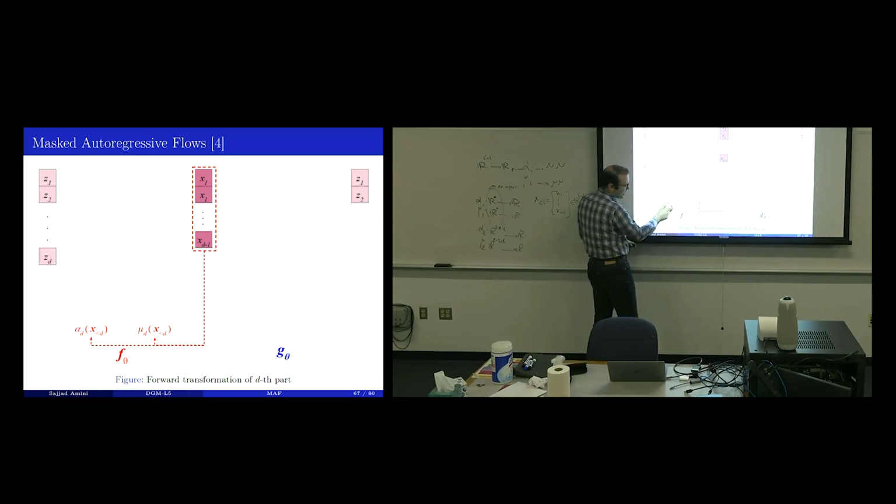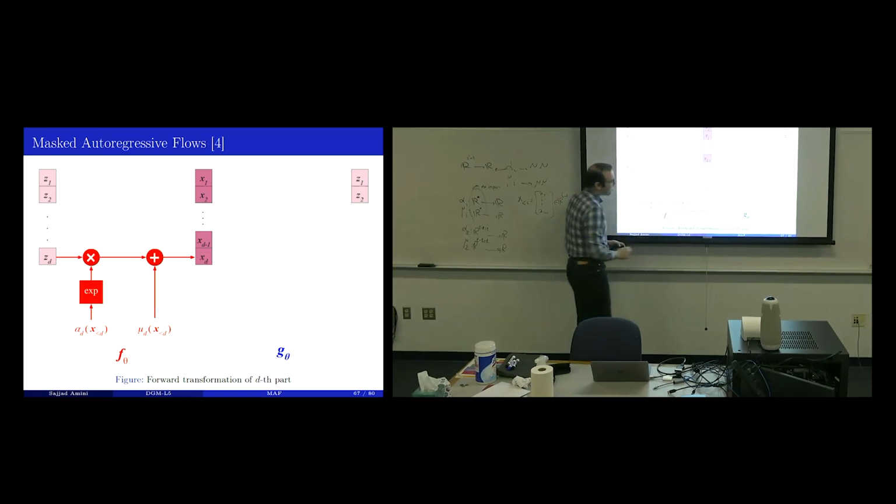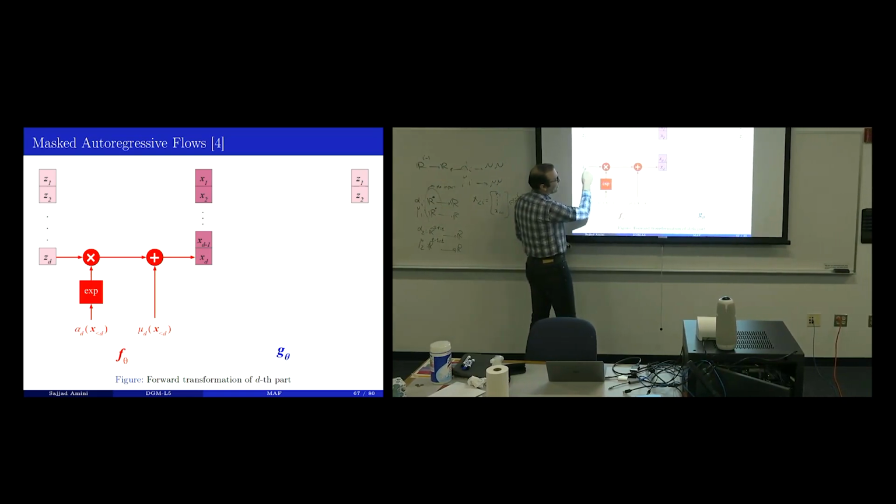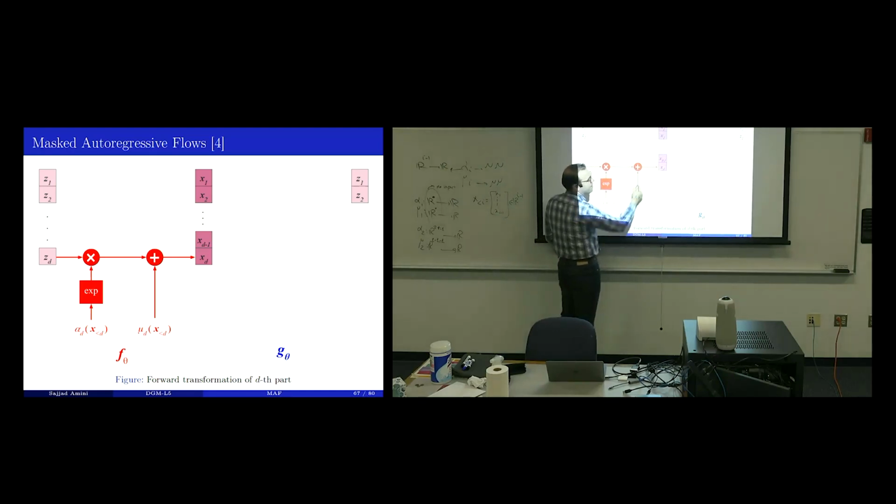These neural networks accept the x less than d here and output one scalar value. Also, these neural networks accept x less than d here and output a real value here. So then you rescale the d element using this value and then offset, generate the xd.